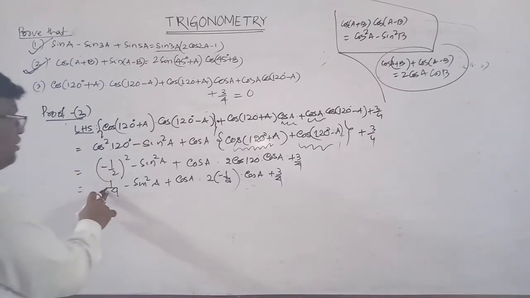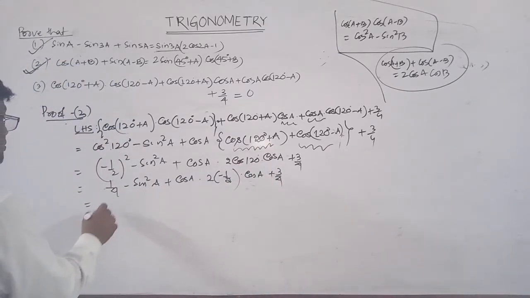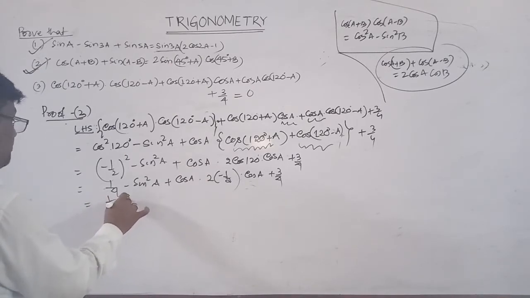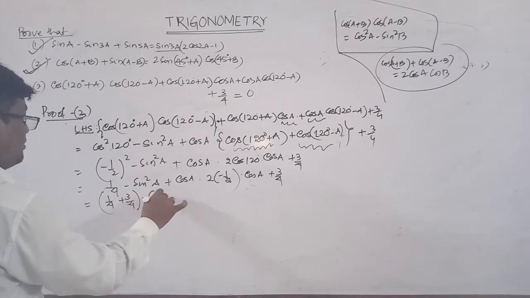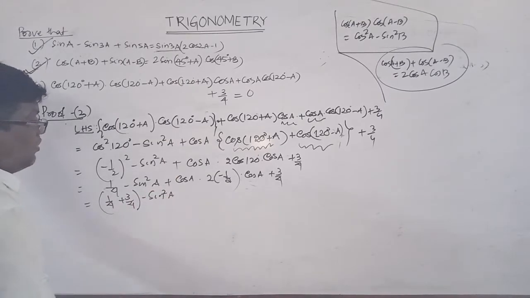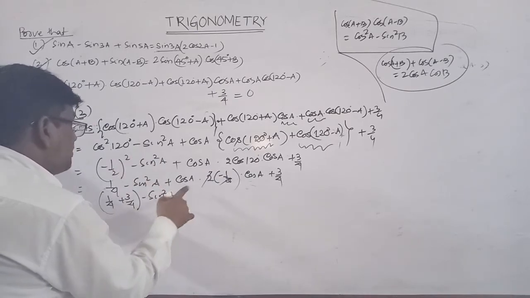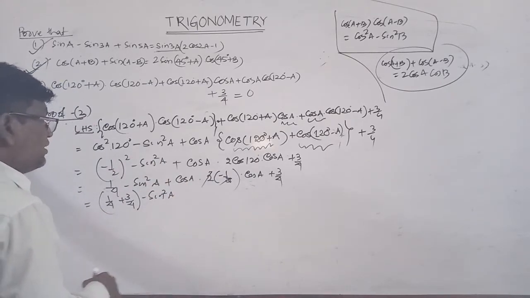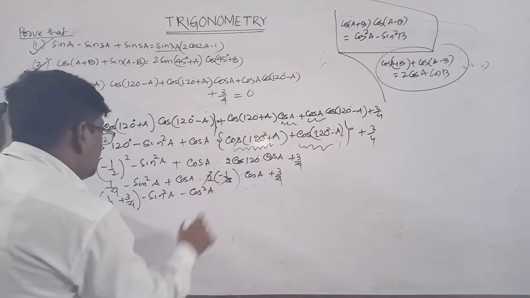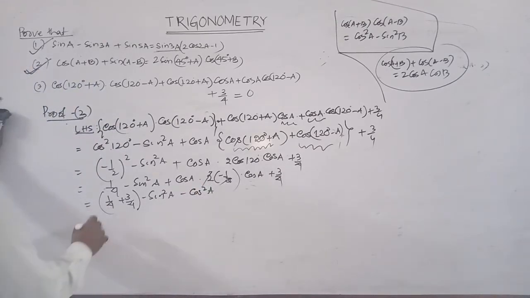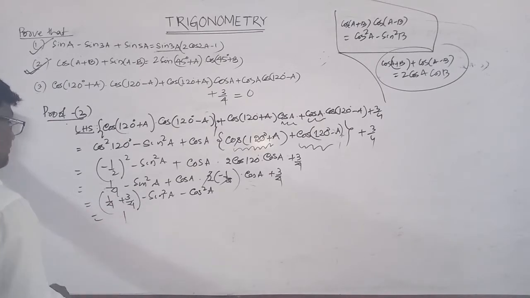Okay, 3/4 plus 1/4, that is equal to 1/4 plus 3/4, minus sin² A, and the 2 cancels here, minus cos² A. Okay, so 3/4 plus 1/4 is equal to 4/4, this is equal to 1.